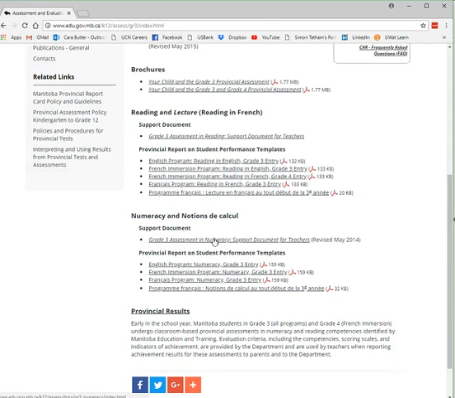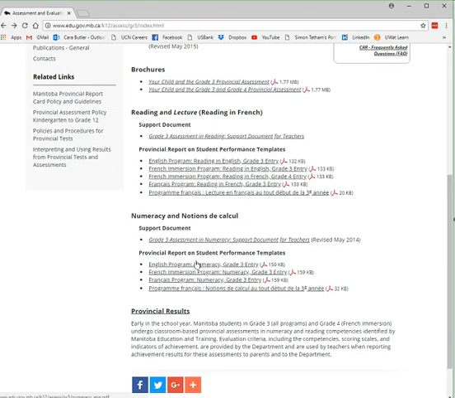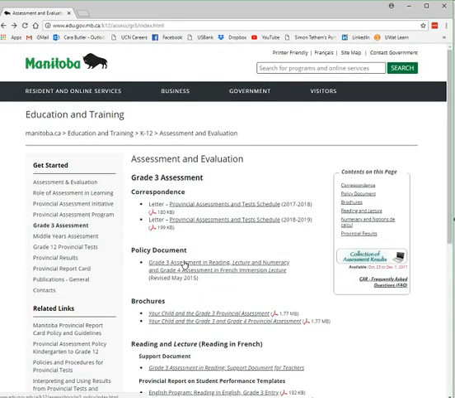When you click this link, it'll bring you to a page to grab the support document. I'll go over that in just a minute, but going back to that page, I do want you to notice the provincial report. This is where you get the form for each one of your students, so make sure you grab the information from this grade 3 assessment page.